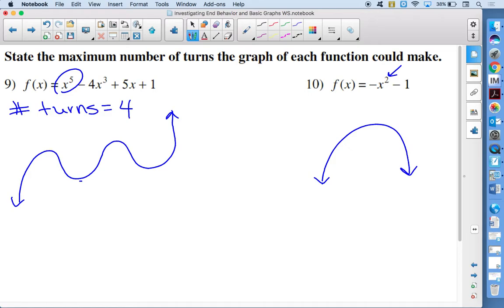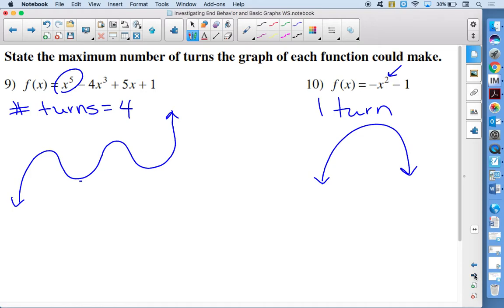So each of those had just 1 turn because it was a U. And that's because of the x squared. So this one would just have 1 turn, because the power is x squared, and 1 less than that is 1. So the number of turns is 1 less than the degree.